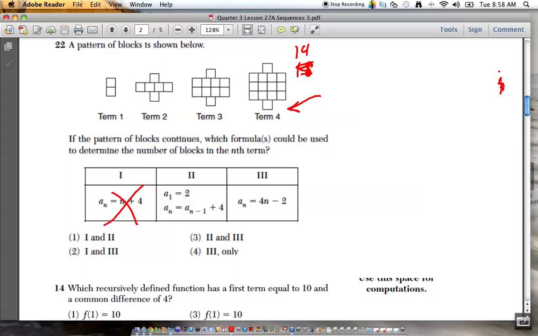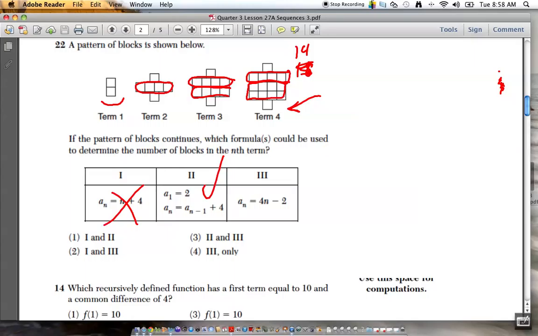That doesn't work. This one says 2 is the first term, and then you add 4 each time. How many did we start with? 2. And don't we add another row of 4 each time? These 2 were here before, add another row of 4. So that formula does explain what's going on.